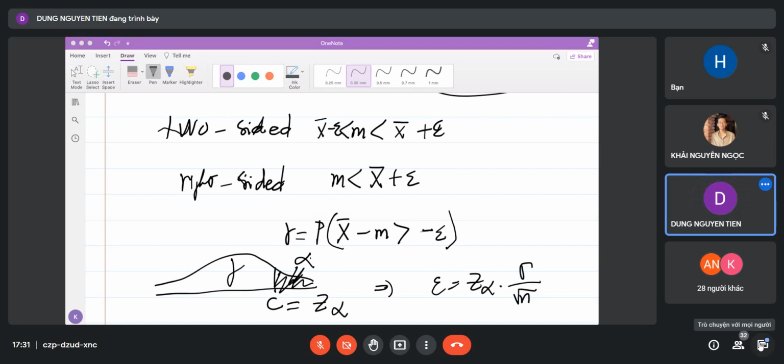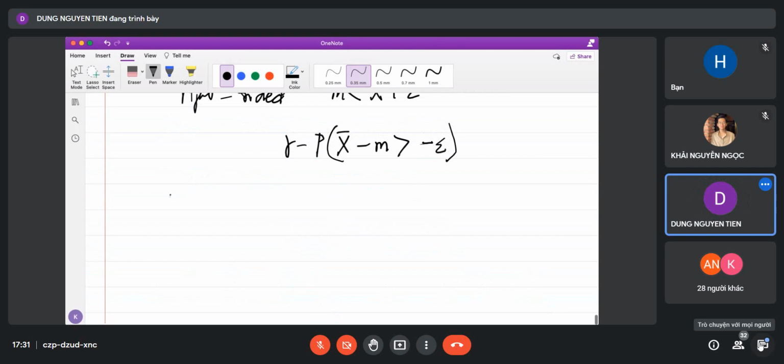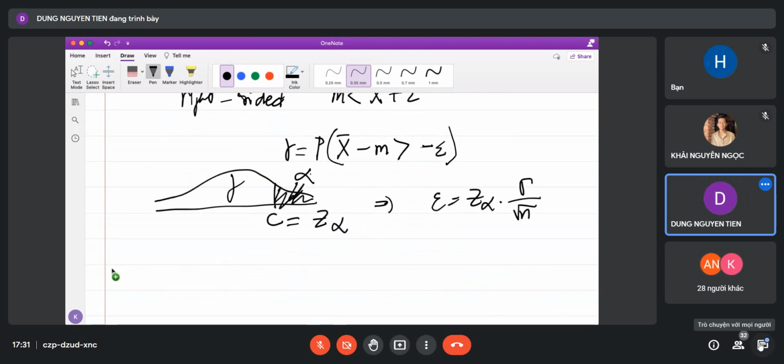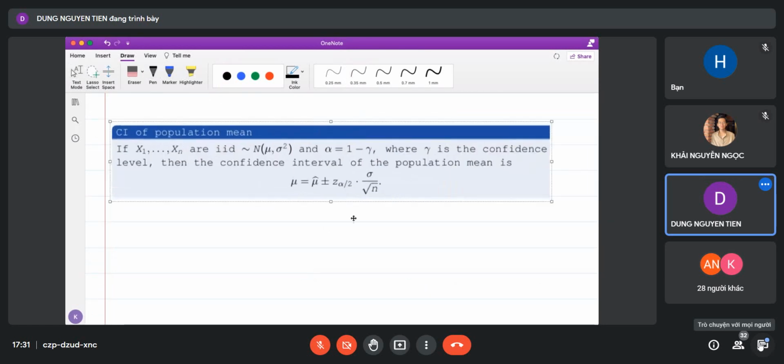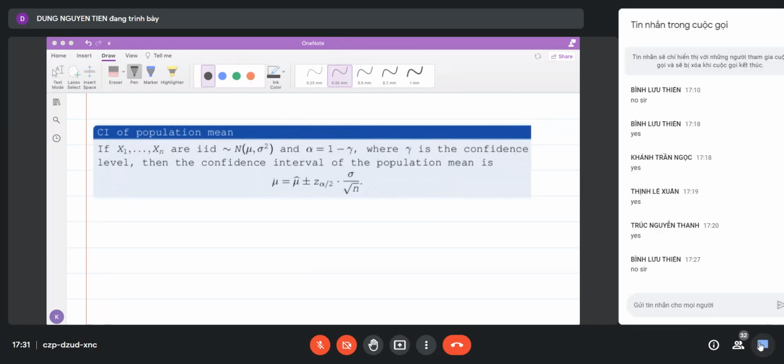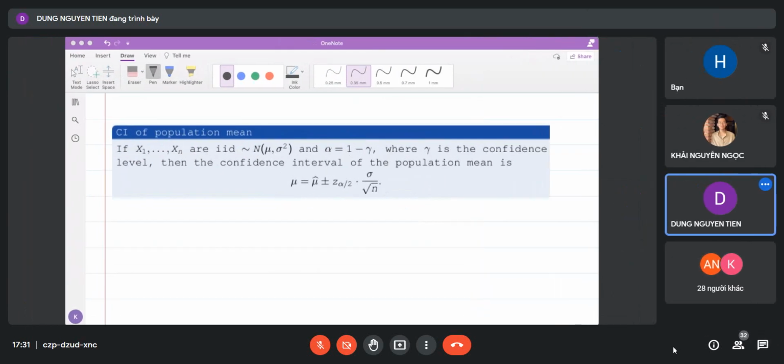Do you understand? So for the two-sided confidence interval, this is what you get, and for a one-sided confidence interval, this is what we get.